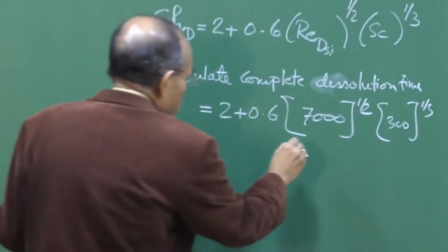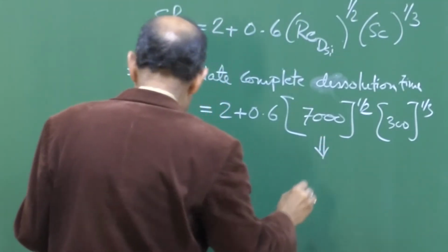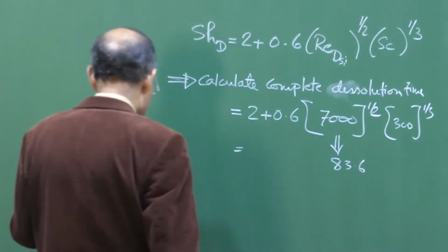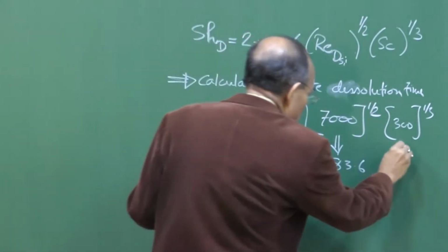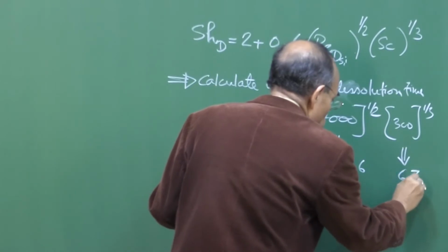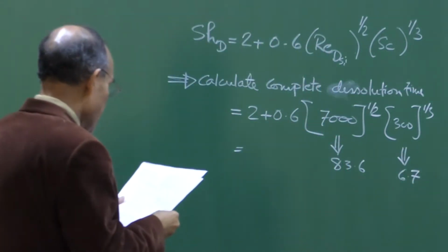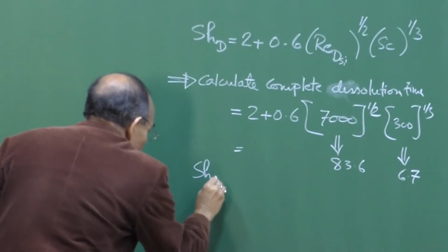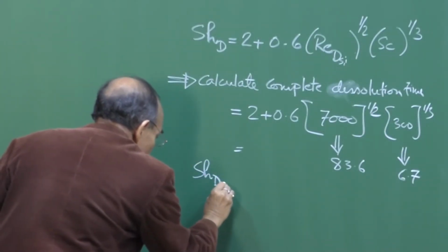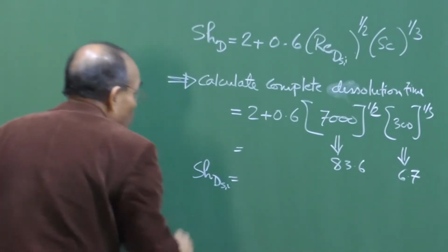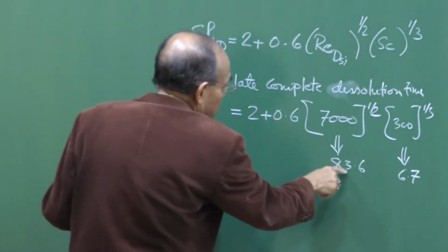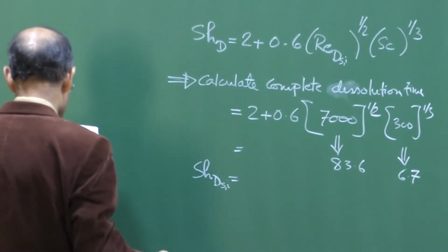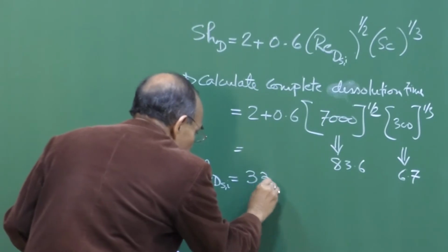Reynolds number raised to the power half will come out to be 83.6, and this will come out to be 6.7. Therefore, the Sherwood number, initial diameter based, is going to be 2 plus 0.6 multiplied by this, and this is going to come out to be something like 337.8.